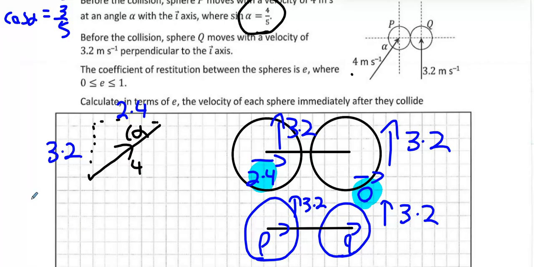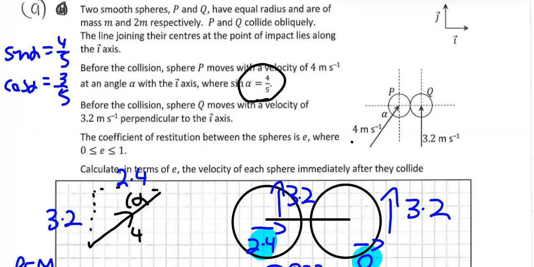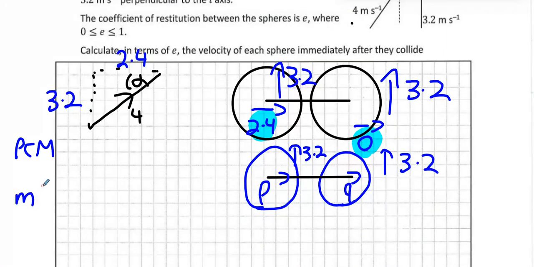So let's do the principle of conservation of momentum. What do we think? M1, which is just M, M times 2.4 plus what's this one? The mass of this one is 2M, yeah? So it's going to be 2M times 0.